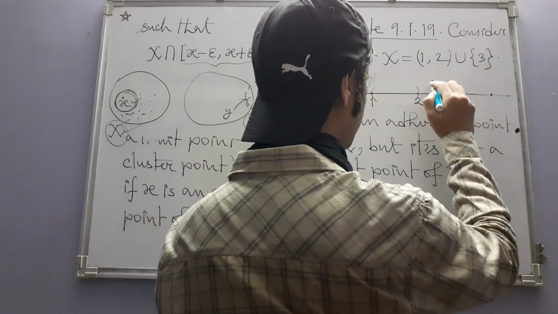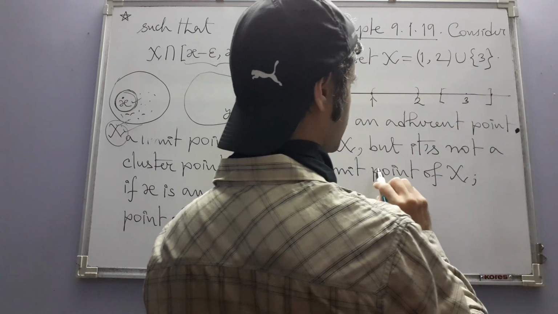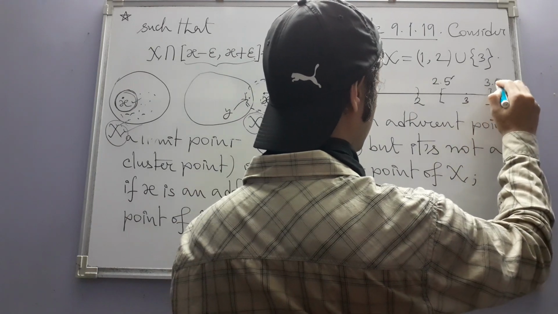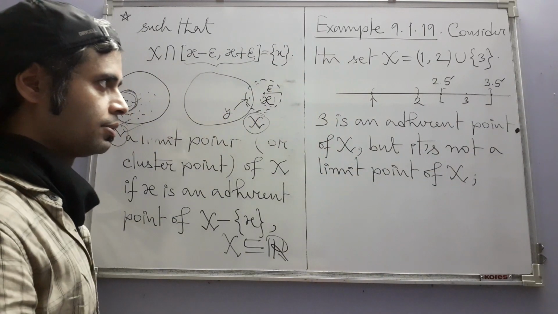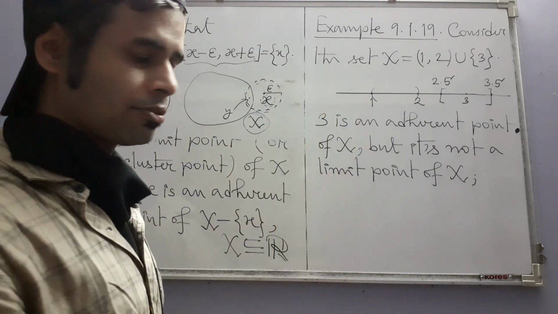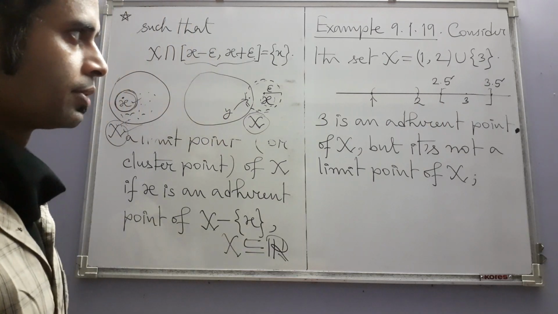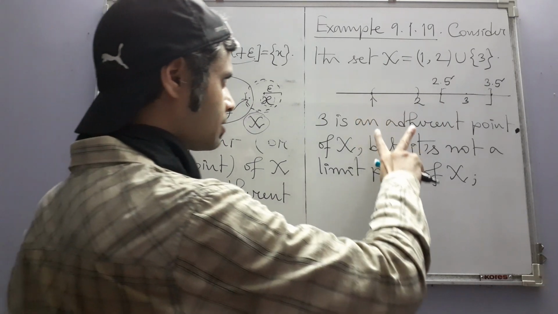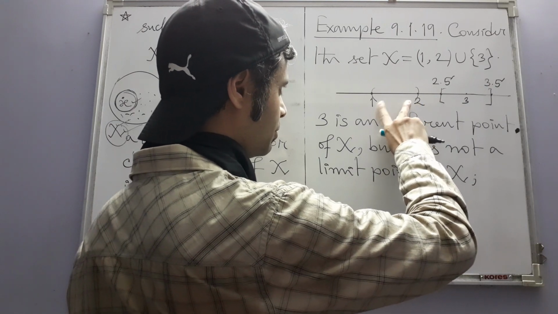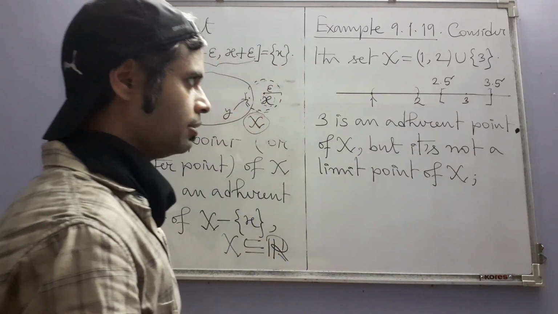Okay, so you can consider this closed interval [2.5, 3.5]. 2.5 is 3 minus 0.5 and 3.5 is 3 plus 0.5. So 0.5 is your epsilon. Then this is your X. Your X consists of all the points lying between 1 and 2, excluding 1 and 2 of course, and the point 3.